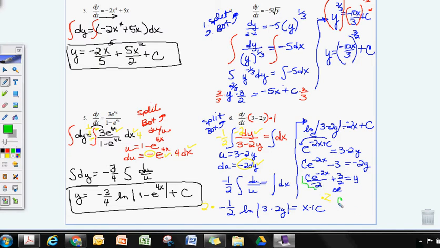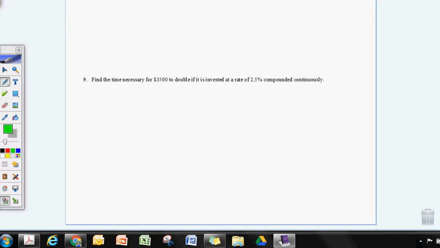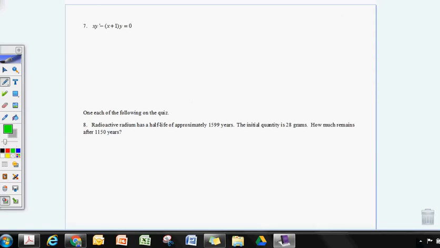You could just also write it as ce to the negative 2x plus 3/2 equals y. Ooh, that looks really bad. Sorry about that. I would accept either or for a solution here. Okay, getting if you understand how the c's work.